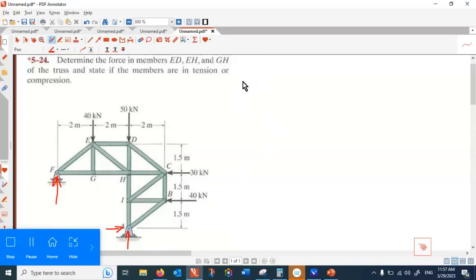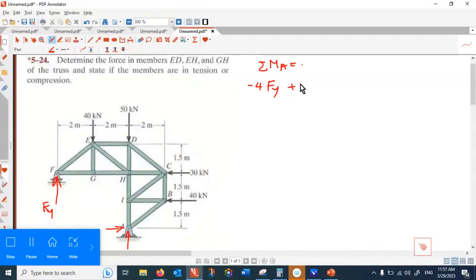So I take rotation with respect to point A equal to 0. And that is Fy multiplied by 4. That is negative, minus 4Fy. And then 40 kilonewton makes a positive rotation.